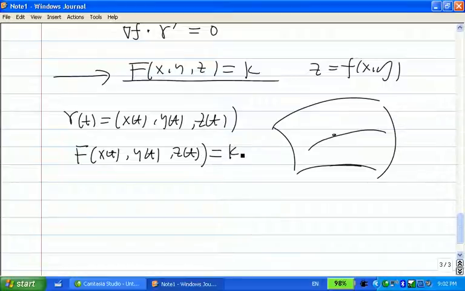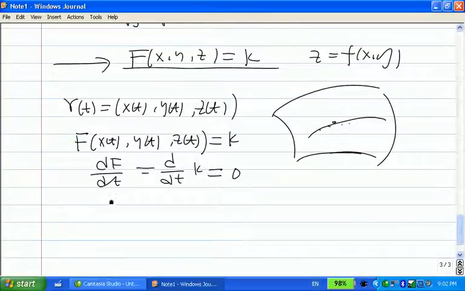They should give you k. So my left hand side is a function depending on t, and for different t you get a different point on this curve. So I can take df/dt. I take the derivative with respect to t on both sides of the equation. The right hand side is a constant, so it gives you 0. The left hand side, use the chain rule.